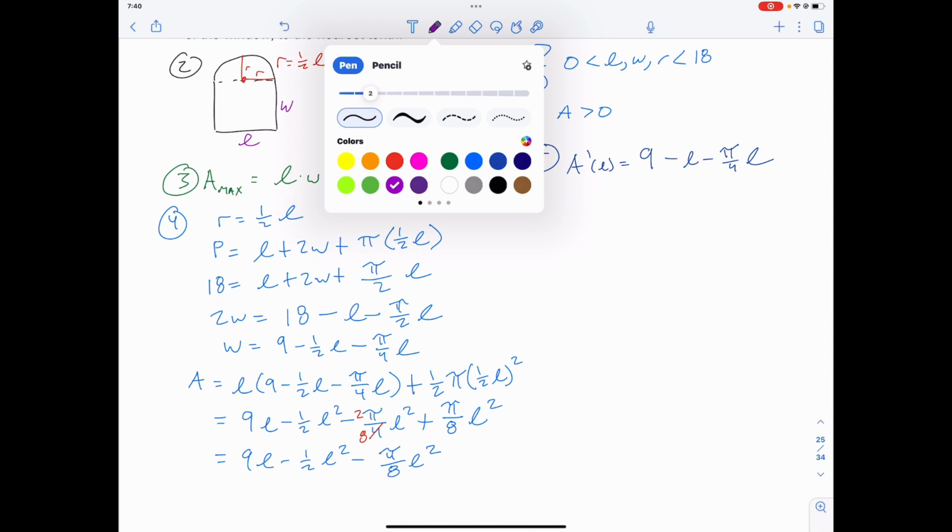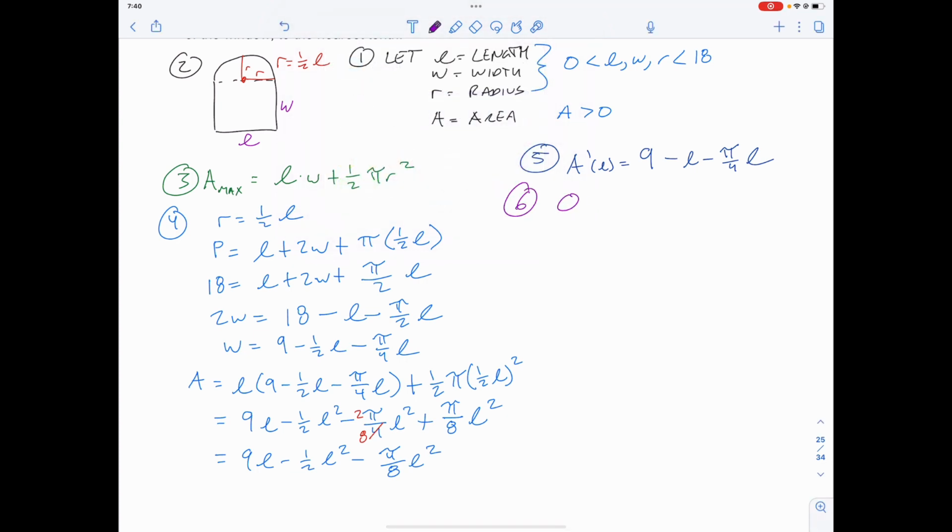When I go to my critical numbers, if 0 is equal to 9 minus L minus pi over 4L, then I'm going to move those L's to the left-hand side and get L plus pi over 4L is equal to 9. I'm going to remove a common factor of L, and I have 1 plus pi over 4. And I'm going to divide both sides by that 1 plus pi over 4.